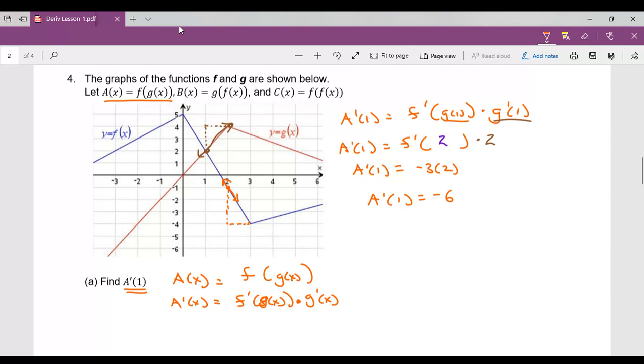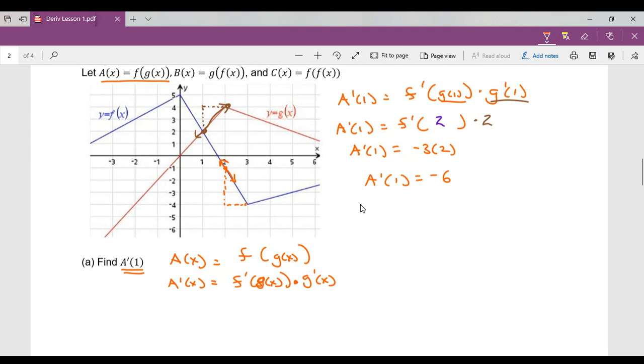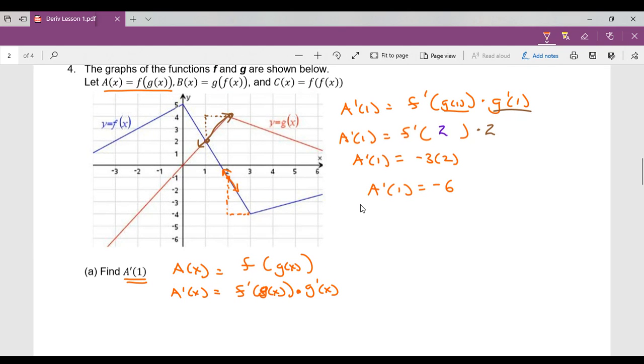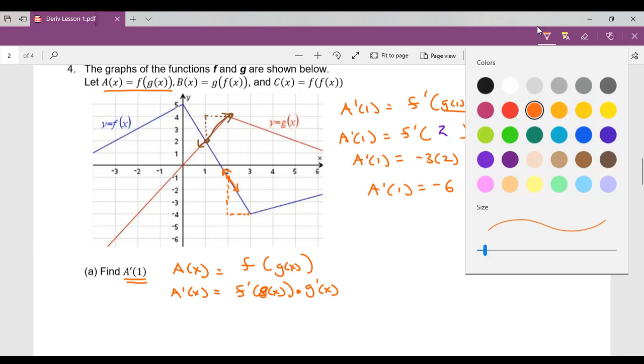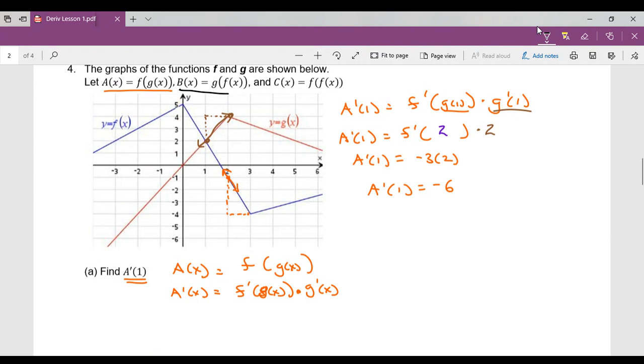All right, so what's the next question here? I'm probably going to scroll down and then scroll back up. We want b prime of 5. Let's change the color up, maybe go back to black. Well, b of x is right here. b of x is the composition g of f of x. It's not a product, guys. It's not saying g of x times f of x.